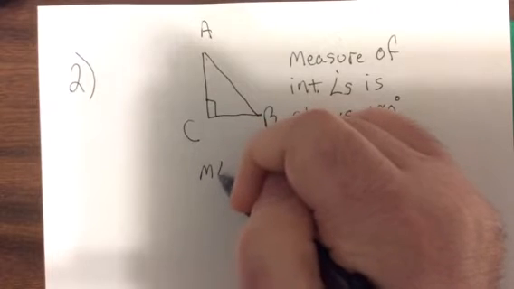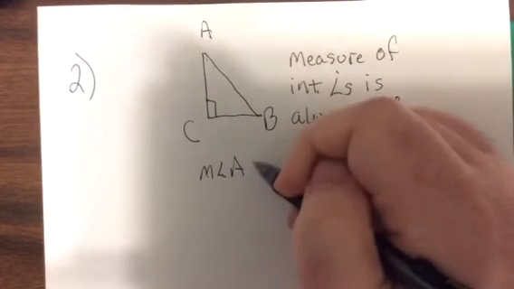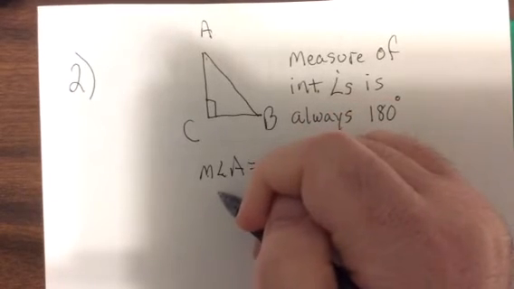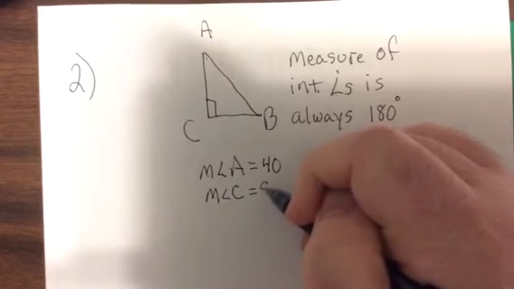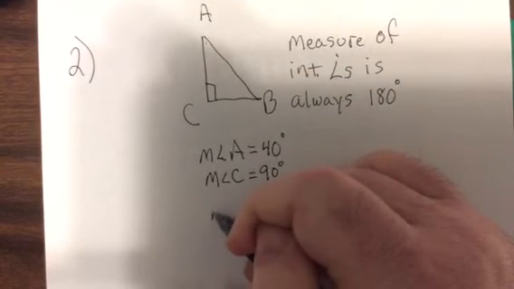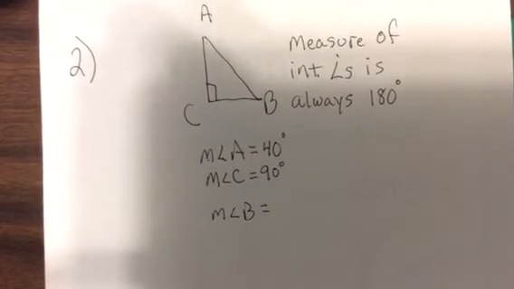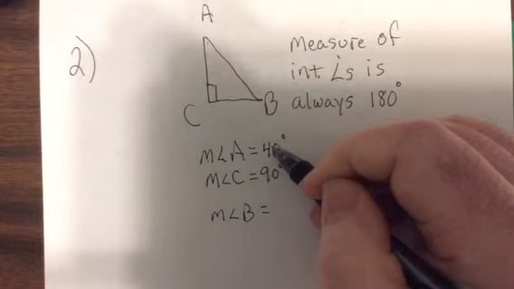So if I told you the measure of angle A, that's the angle symbol, that means measure, how big, is 40. And if I told you the measure of angle C is 90, how much is the measure of angle B? Well, they're supplementary, meaning the three angles together add up to 180. So 90 plus 40 is 130.